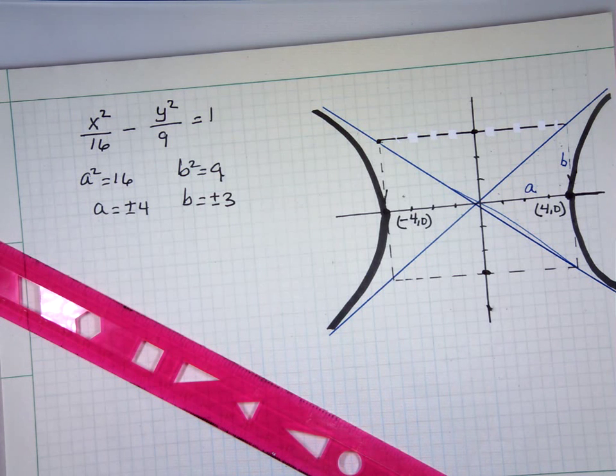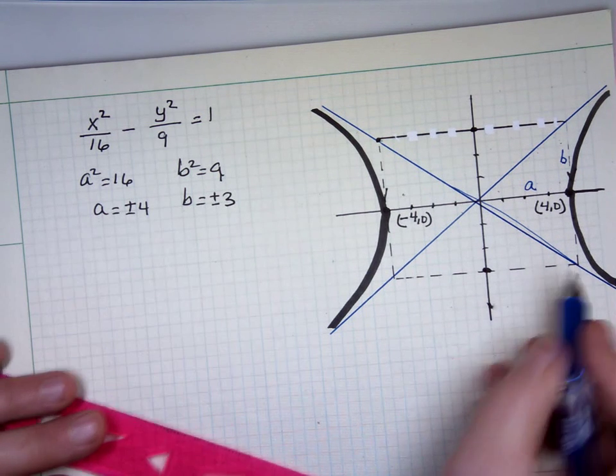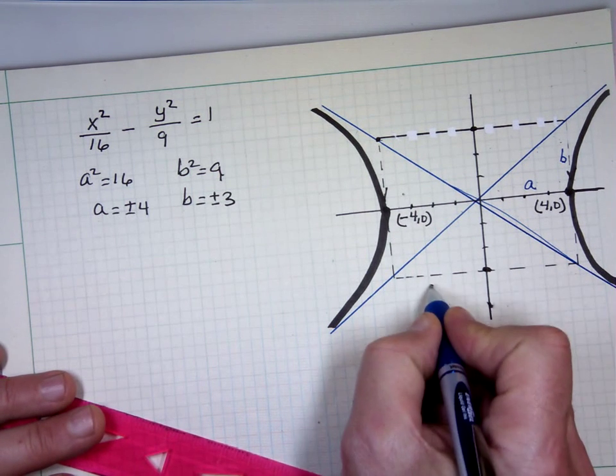Now, we have a few names to add to the list. Does our book talk about them? Transverse axis and conjugate axis, yep. Yes, this line here is called the conjugate axis.